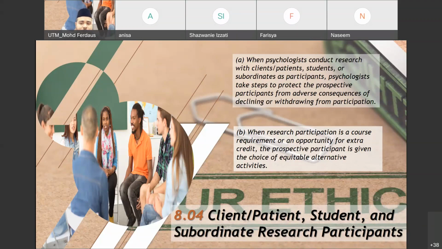Second, when research participation is a course requirement or opportunity for extra credit, the prospective participant is given the choice of equitable alternative activities. So this involves the researcher being a teacher or lecturer or academic. Say for example, take our case. I'm doing research, and I tell you, if you complete my survey early, I will give 3 extra marks for those students who answer my survey.